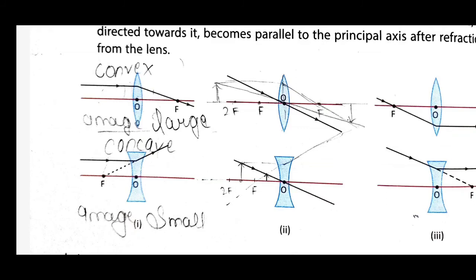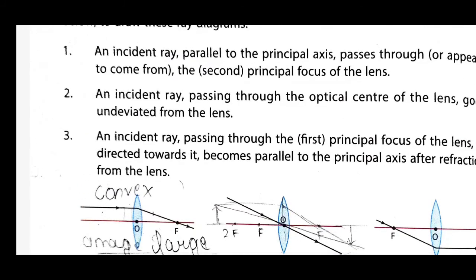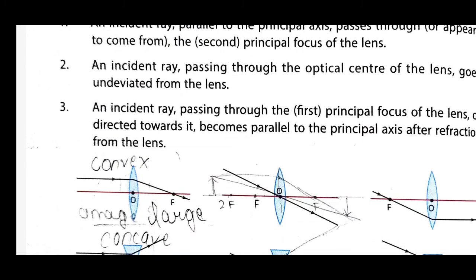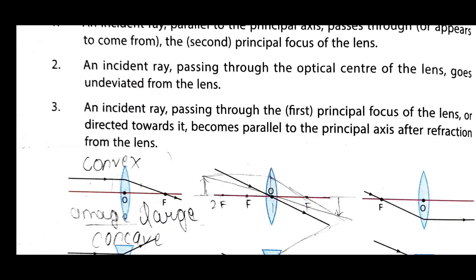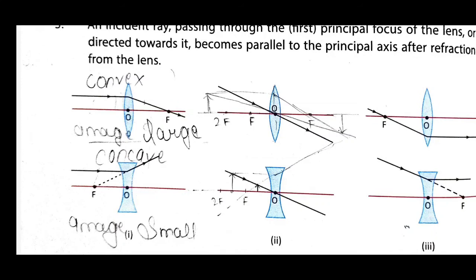Now the second rule: an incident ray passing through the optical center of the lens goes undeviated. As I told earlier, the optical center has a peculiar property, that is, if the ray is incident through the optical center, then it goes in a straight path without any deviation.